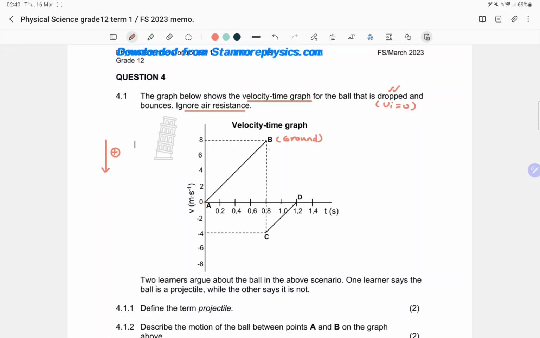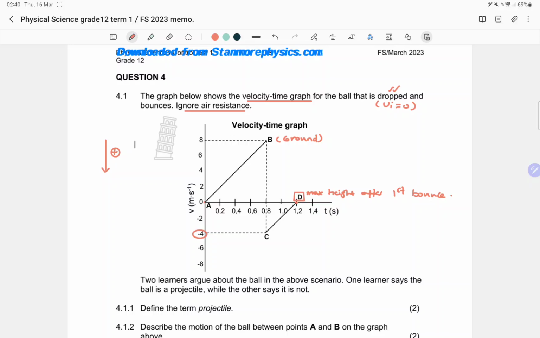Okay, and then it bounced off the ground at a velocity of 4 meters per second, and then it reached the maximum height D. So D is the maximum height after the first bounce. Okay, remember that. Great stuff.